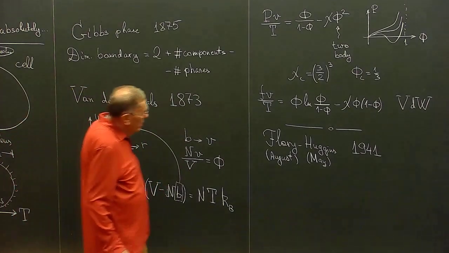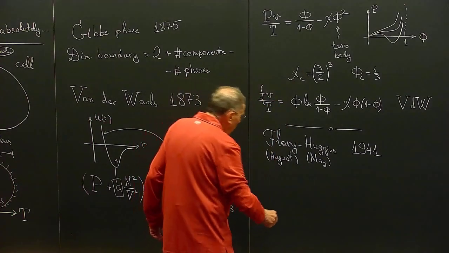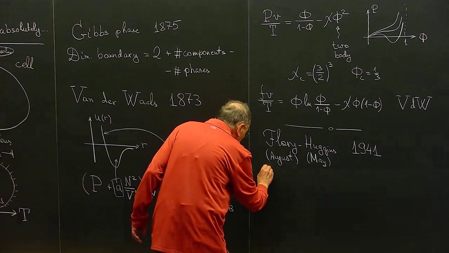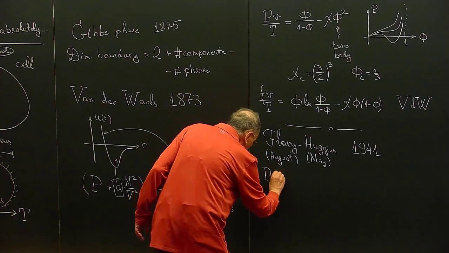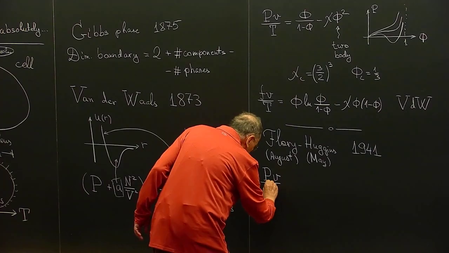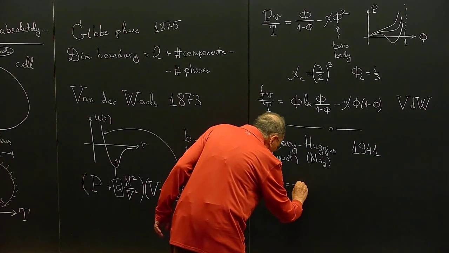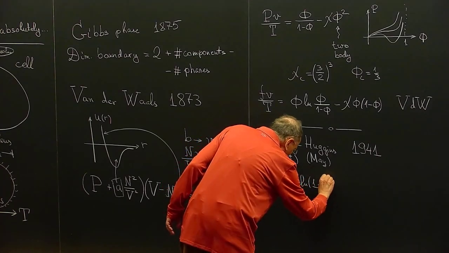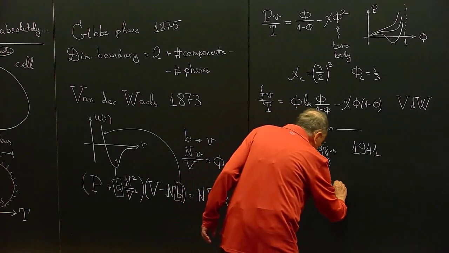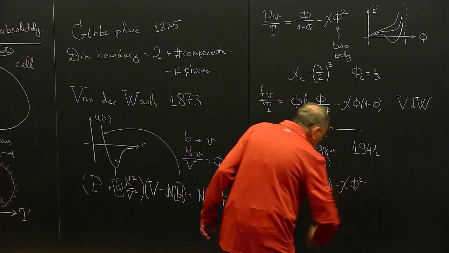Okay. So what is Flory-Huggins? In the same style, I would write that Flory-Huggins predicts pressure as a function of density in the following form. It's minus log(1 minus phi) minus chi phi squared.